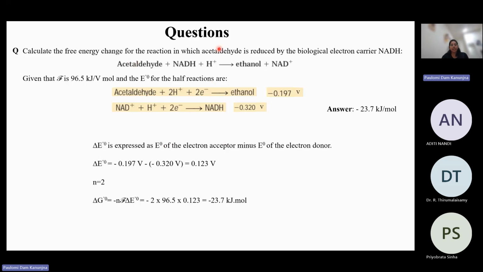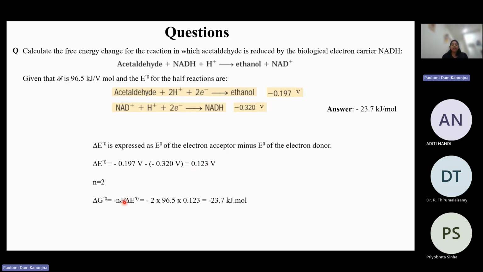Acetaldehyde, because that's getting reduced to ethanol. So you have minus 0.197 volt, which is subtracted with the electron donor's reduction potential, which is also given to you, minus 0.320. You just do the calculation and come to 0.123 volt.